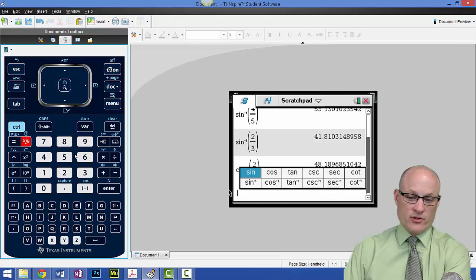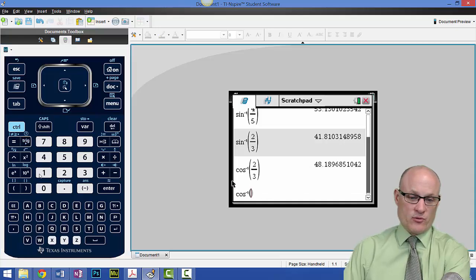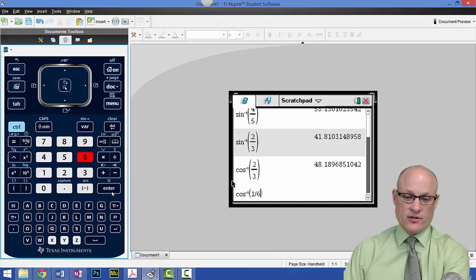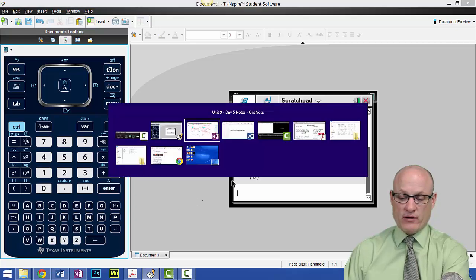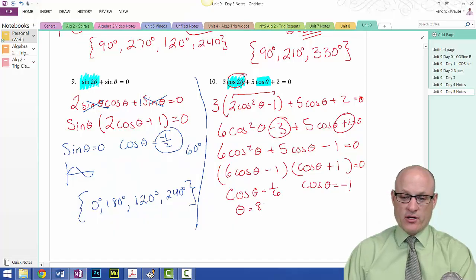I'll do inverse cosine of 1 divided by 6, and I get 80.4, and since I just told you to round to the nearest, it's 80. It's in the first and fourth quadrant, so 80 is one of my answers.